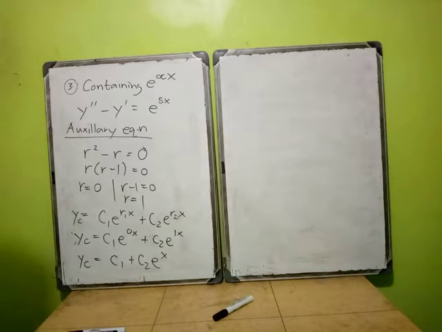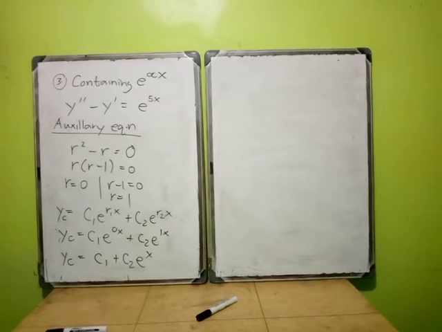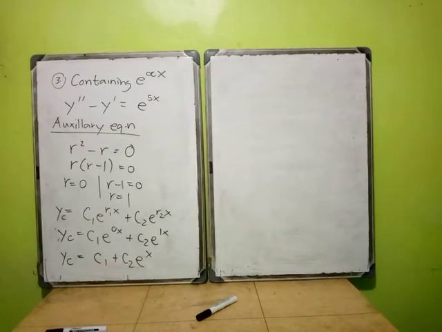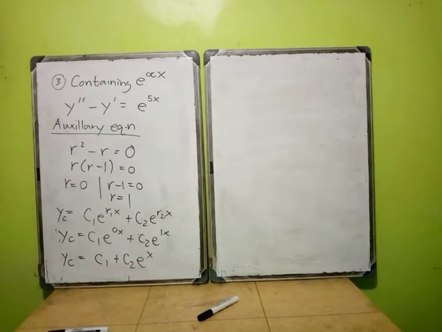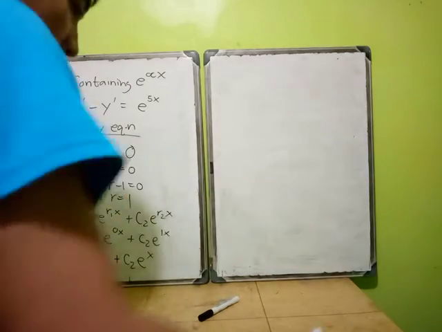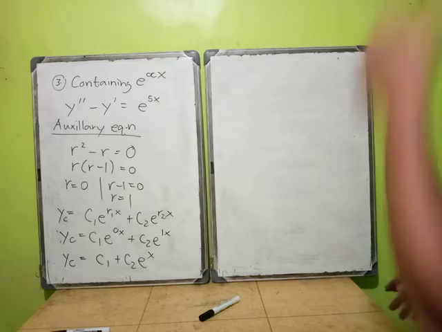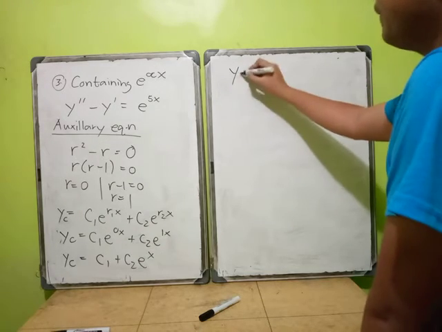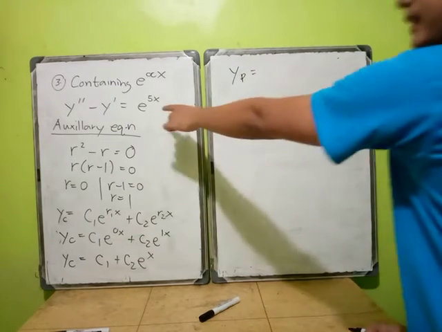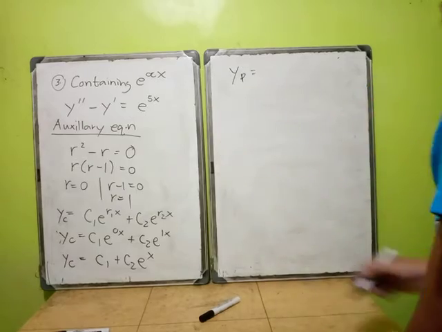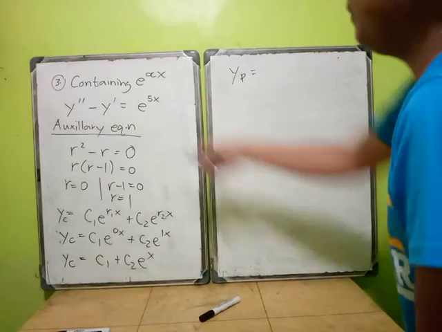Okay? So the next thing we do now is to determine the YP. If it contains e to the power of alpha x, the alpha here is 5.